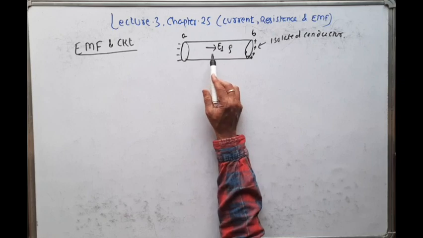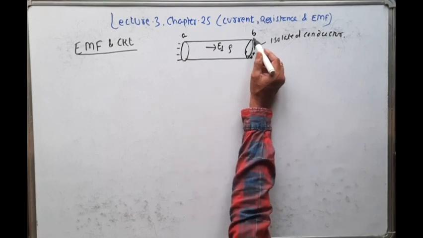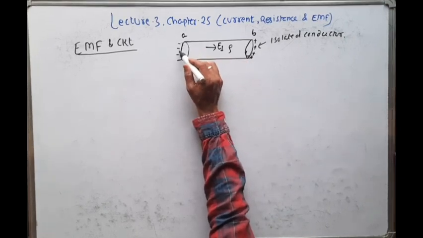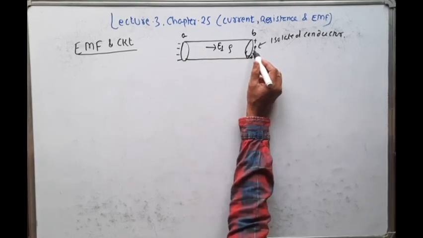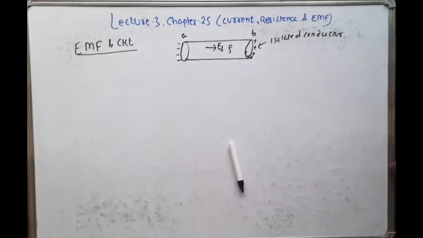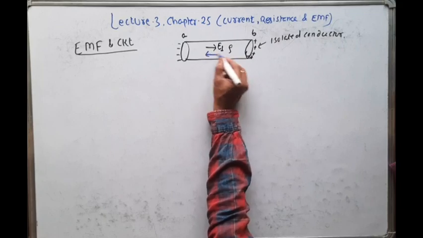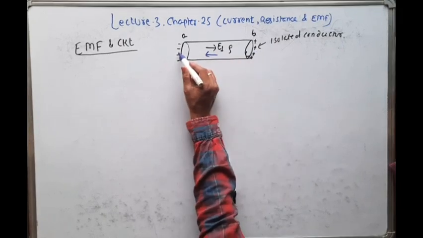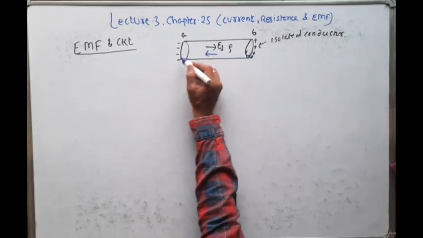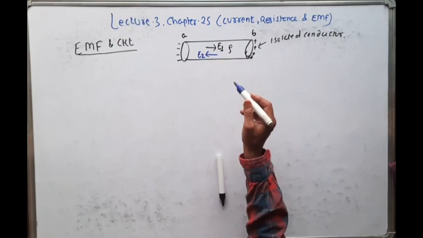So now what will happen? After some time, some positive charge will accumulate at B, negative charge will accumulate at A. So due to this positive and negative charge, an electric field will be developed in this direction, because this is positive charge, this is negative charge. Another electric field will be developed, that is say E2.